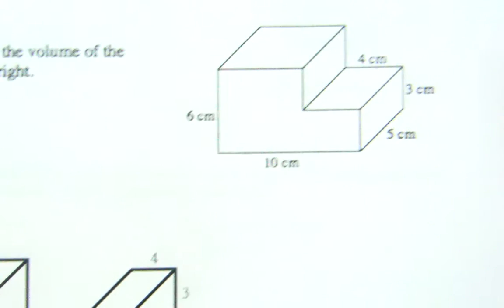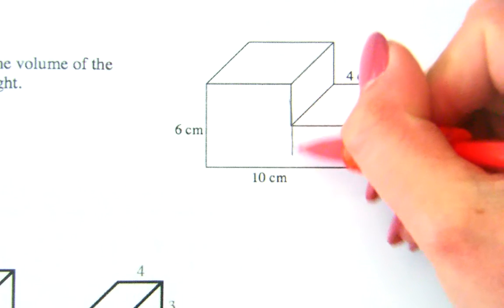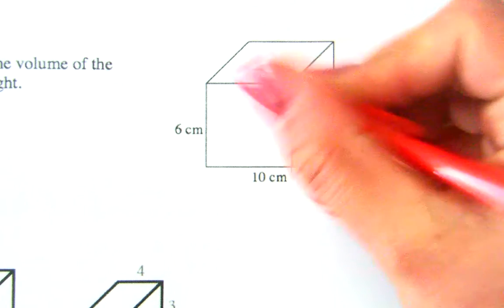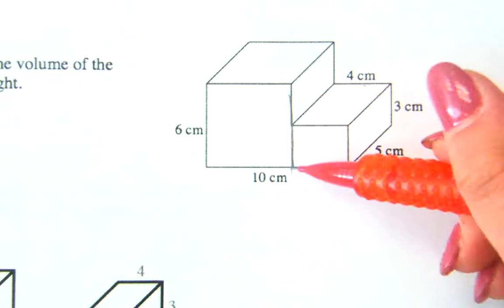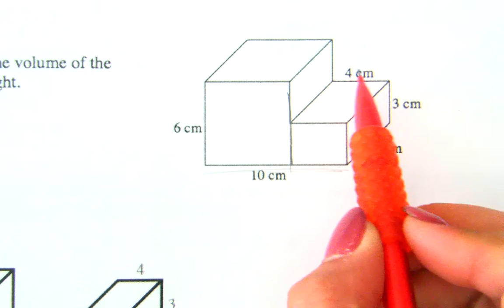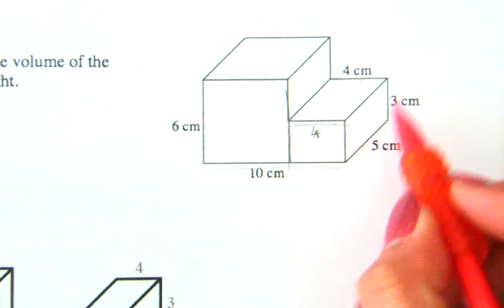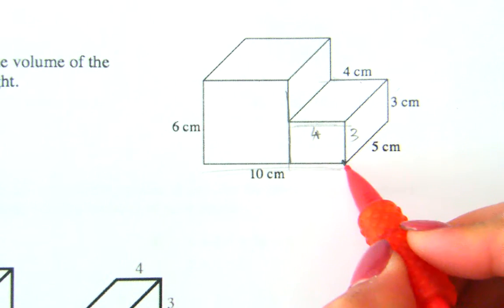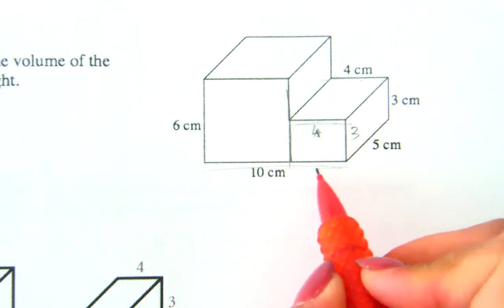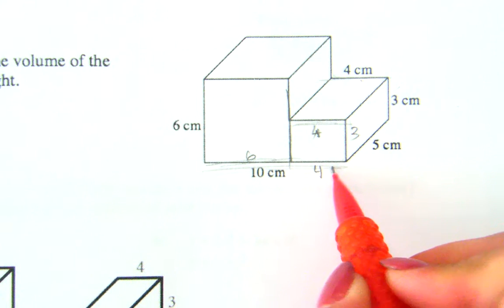So just to be clear, if you break this apart, 6 is the whole height, and 6 is the whole height here. The entire length of the base is 10 centimeters, but since this is 4, this is going to end up being 4 also. This is 3, that's 3. So if this is 4, this has to be 4, so the remainder of this is 6, so it can make up the whole thing.